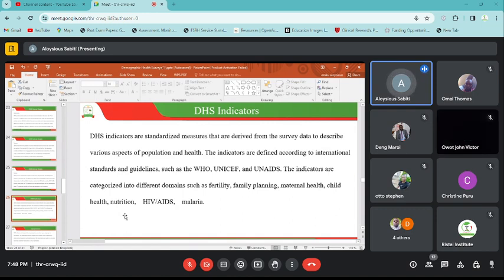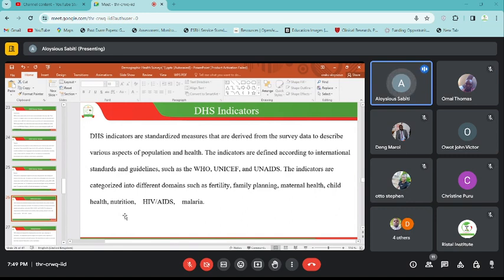We can look at family planning. Family planning has its indicators such as contraceptive uptake. Maternal health also has its indicators such as maternal mortality rate, maternal mortality ratio. Child health has its own indicators such as immunization. Nutrition as well has its own indicators on stunting, on malnutrition, on wasting away.